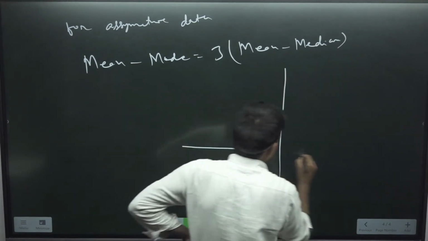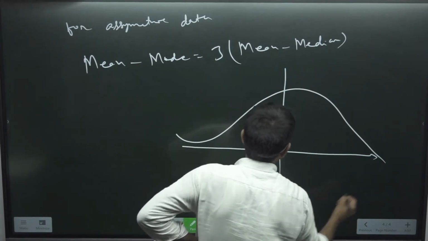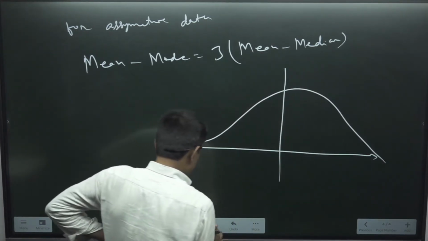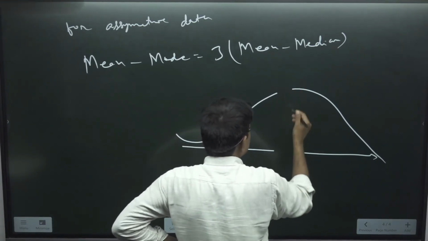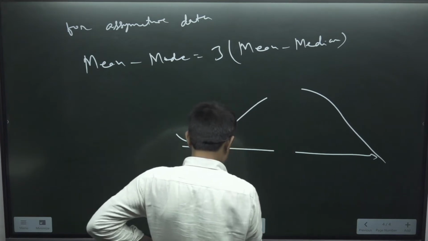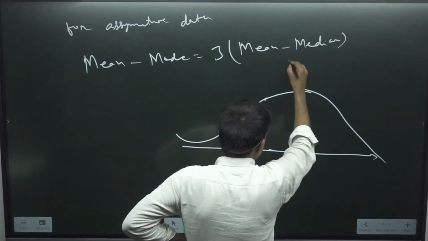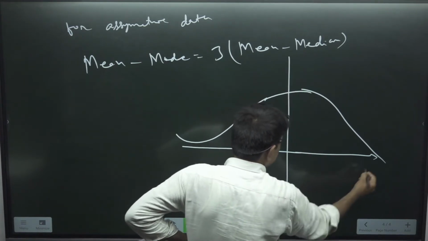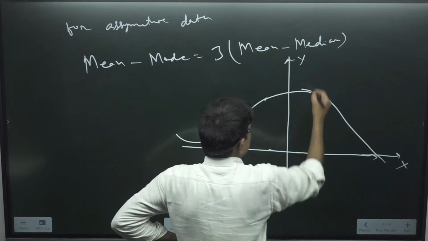Generally we draw the curve for symmetric data. Okay, this is the x-axis, this is the y-axis, f of x.